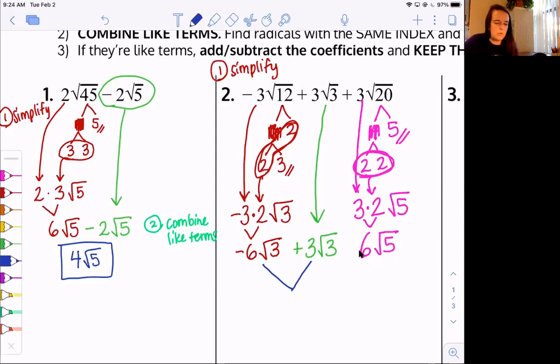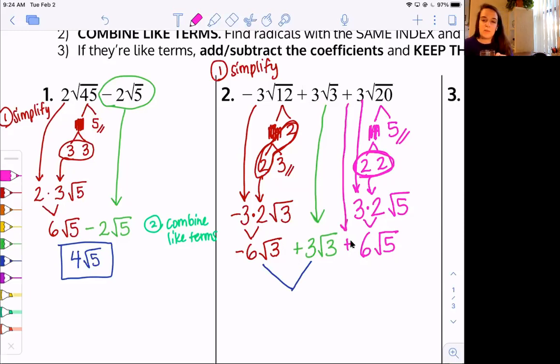Let's actually see something here. Can I just plop this pink square root 5 right here? Like this 6 square root 5? Or does there need to be an addition or subtraction or multiplication, an operation sign here? Addition, yes. It is addition. I'm bringing that addition sign straight down.